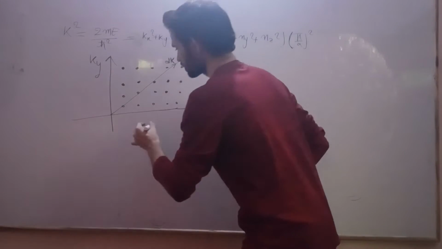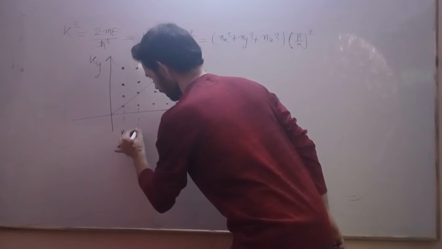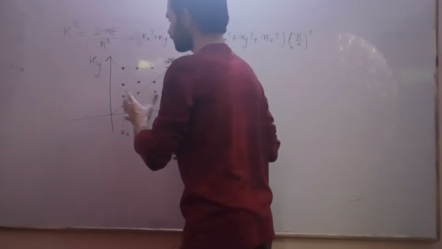So now these are the distances between two quantum states. Let us say this is my kx and this is my kx plus 1. This is the distance between the two quantum states.